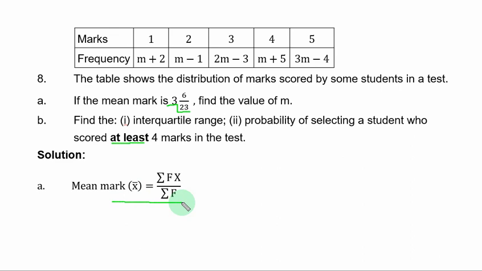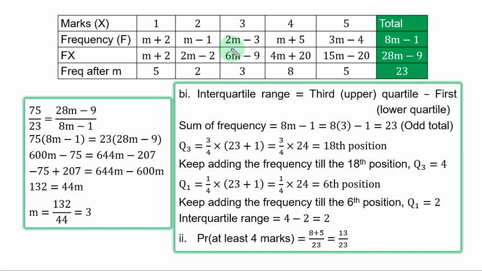To get fs, you add the row, that is product of the frequency and the marks. If you add together, that gives the summation of fs. So this is the table, and the row for fs has been added.